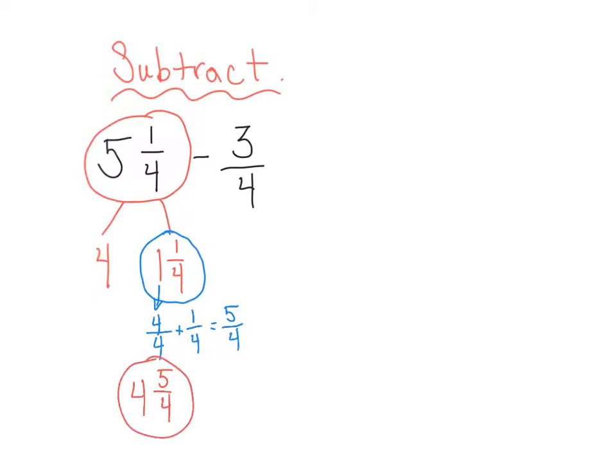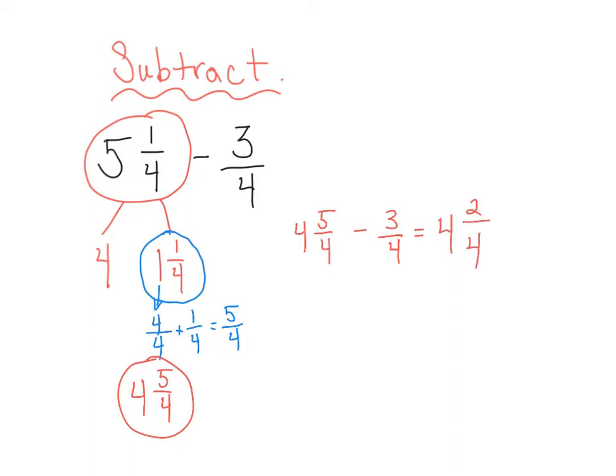So now we could actually take 5/4 and subtract 3/4. So we could do 4 5/4 minus 3/4, and we get 4, the whole is 4, and 5 minus 3 is 2, and the denominator stays the same.